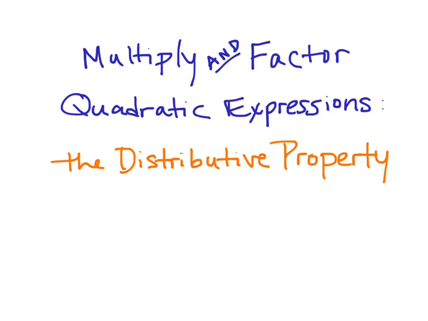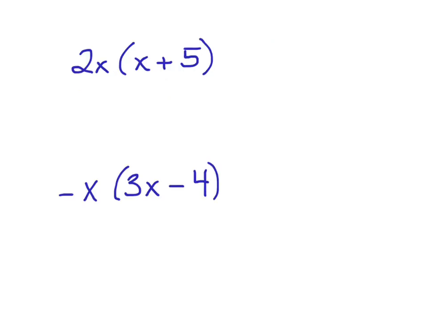So to multiply or factor quadratic expressions, the rule that allows us to do these things is the distributive property. This time we're applying it to algebraic expressions instead of just to real numbers. Okay, so here are two examples.